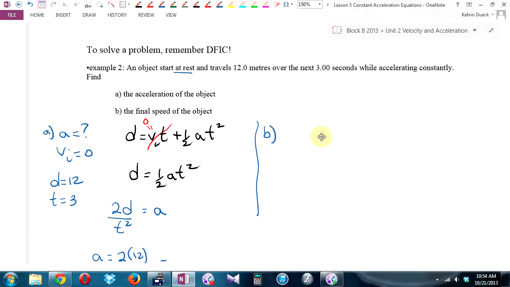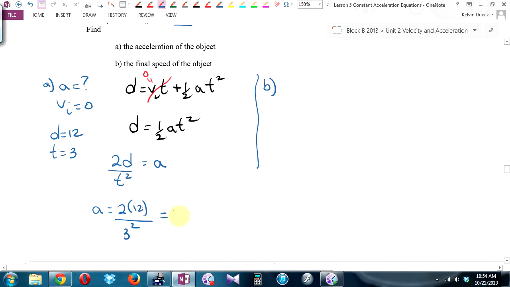Because that's why they put that 0.0 there. Yes? How many sig figs? 3. 3. 1, 2, 3. Technically, right? Because we're multiplying, dividing. Units, it's acceleration. Meters per second squared.